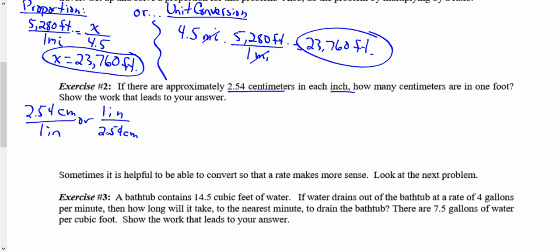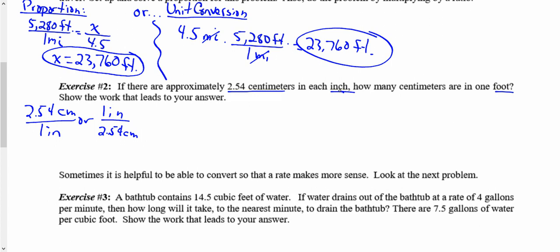And also, how many centimeters are in a foot? So we need another thing here. How many inches are in a foot? I want a ratio.